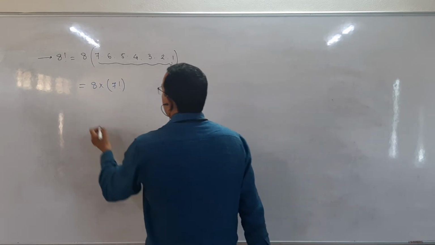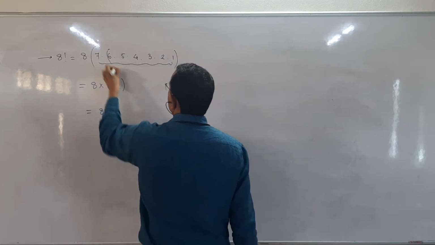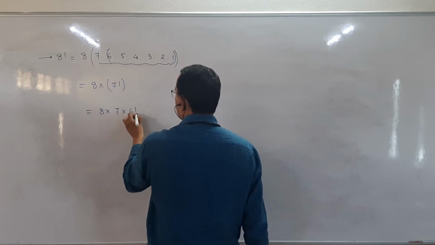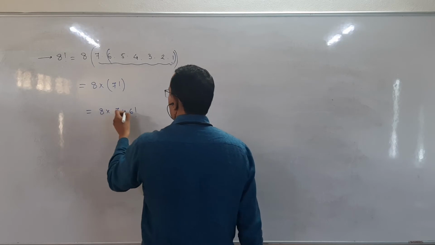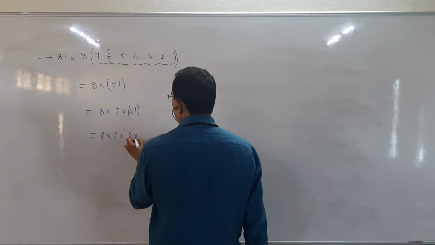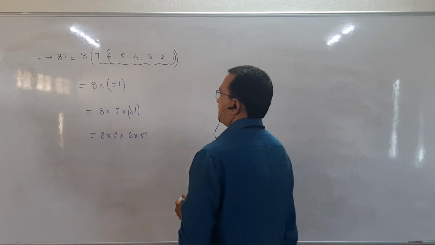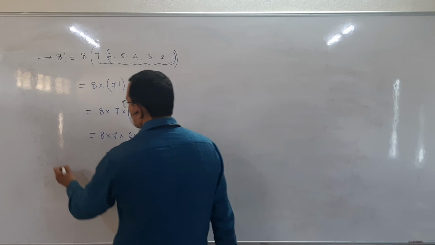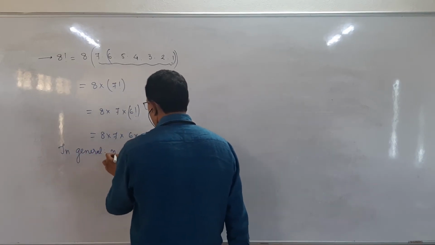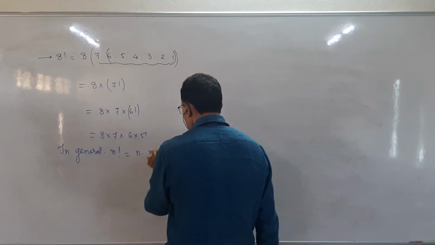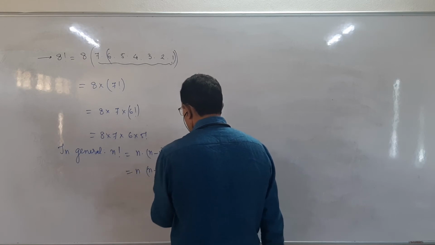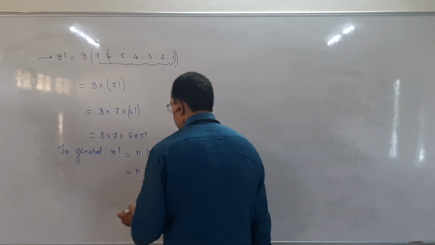Now, if I further reduce like this, then 7 factorial can be written as 7 into 6 factorial. Yes or no? Again, if I further reduce this, I can write 6 factorial as 6 into 5 factorial, like that. We go on reducing. So, in general, n factorial is written as n into n minus 1 factorial. N minus 1 factorial is written as n minus 1 into n minus 2 factorial.